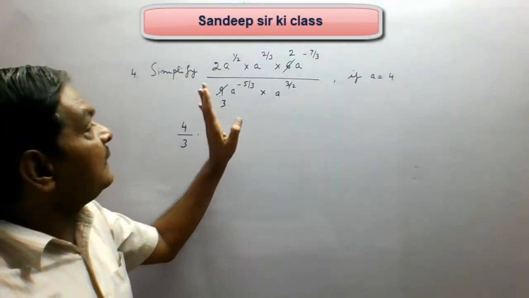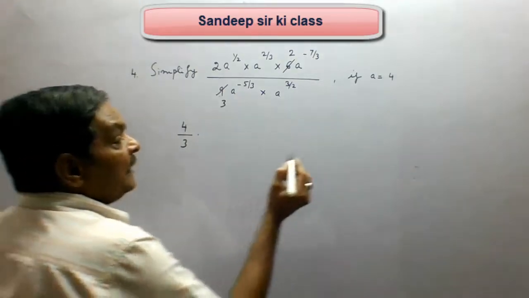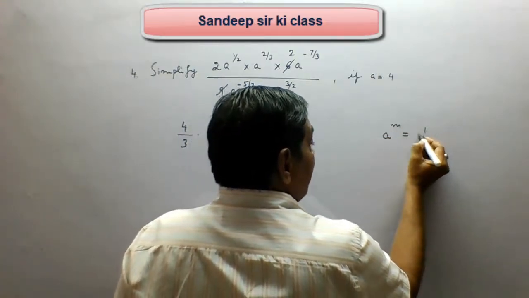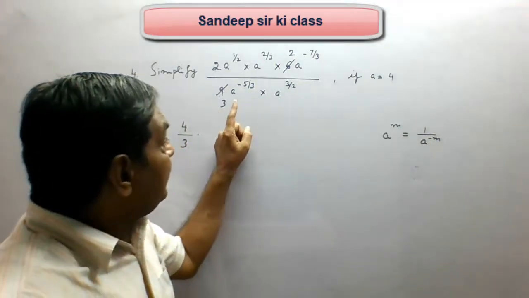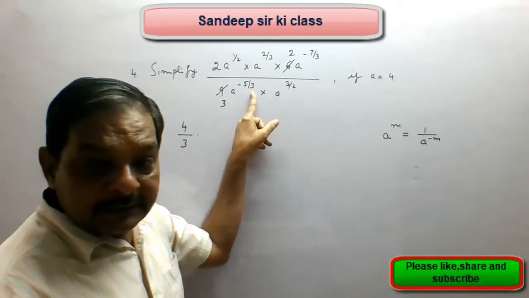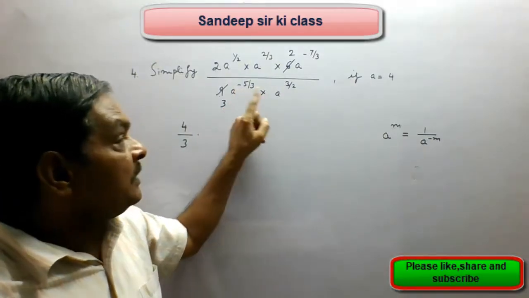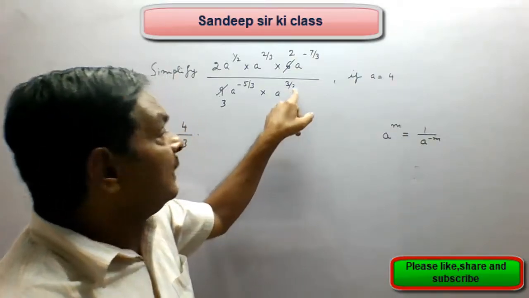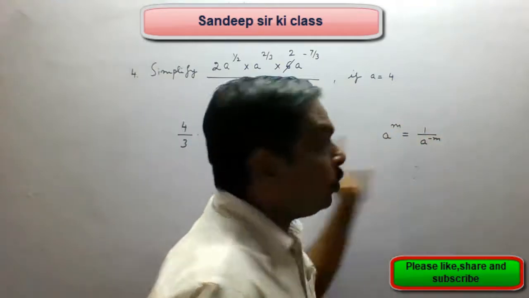Now we see the indices part, the powers of a. We know that a to the power m is 1 upon a to the power minus m. That is, when we take a to the power minus 5 upon 3 to the numerator, its power will become positive, and a to the power 3 upon 2 in the numerator, its power will become negative. The powers will be changed with this rule.